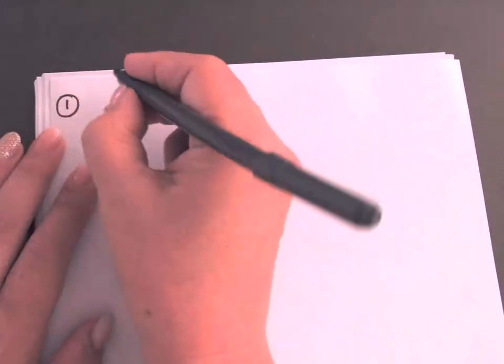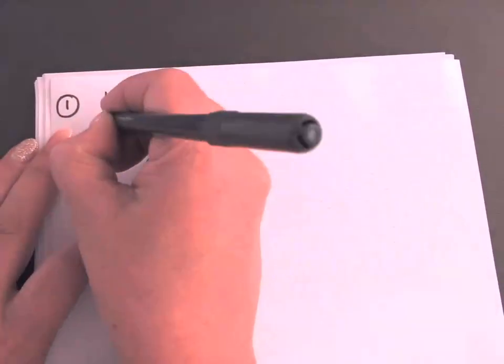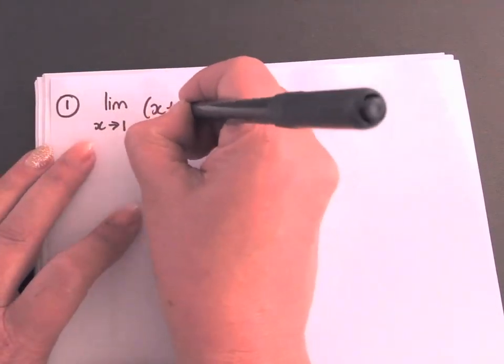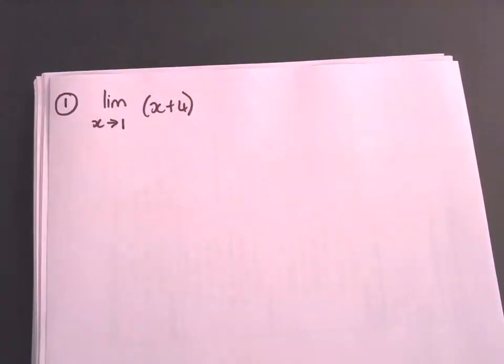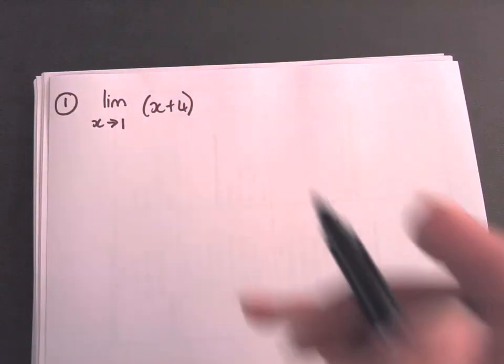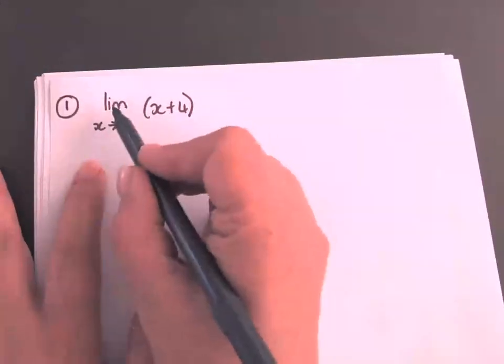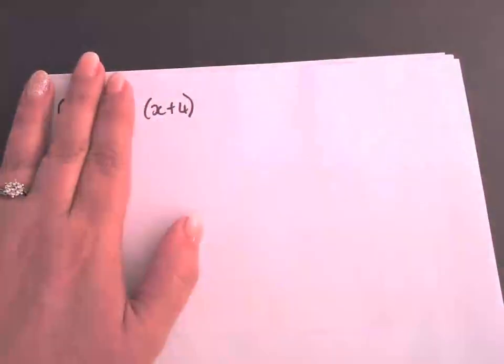Let's look at an example. Example 1. What is the limit if x tends to 1 of x plus 4? Now what is important in your notation, if you have a sum after the notation and it has more than one term, that sum must be in brackets.